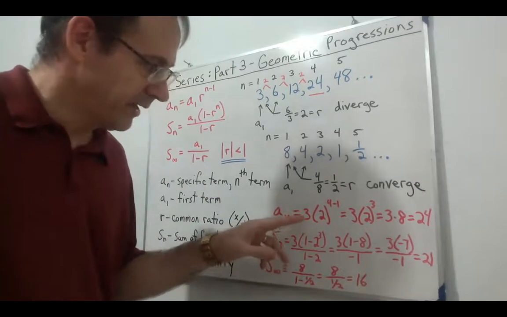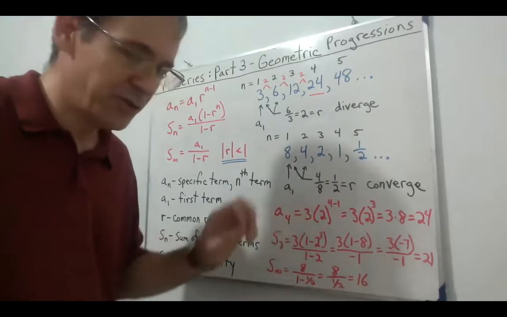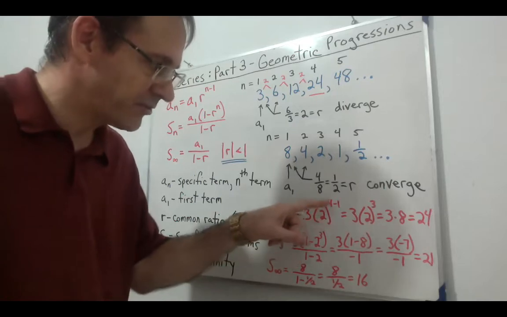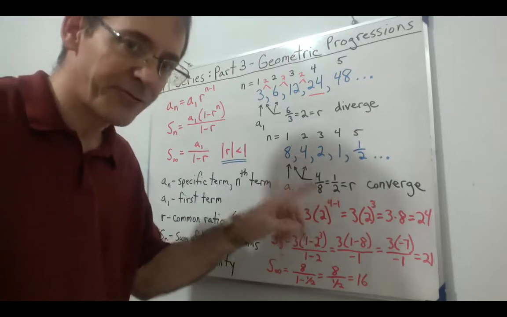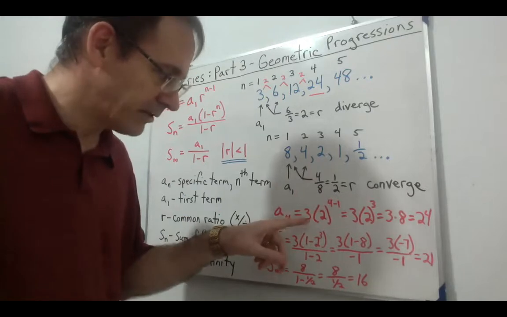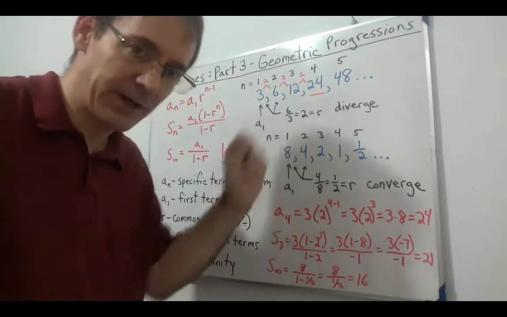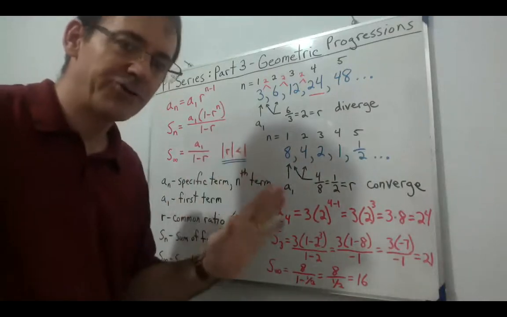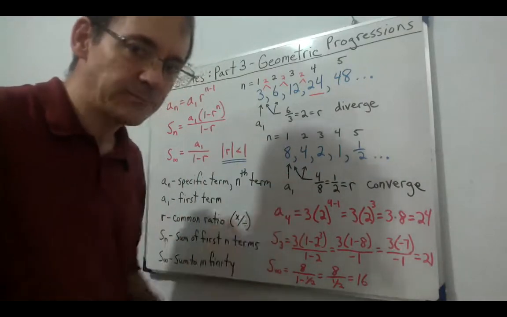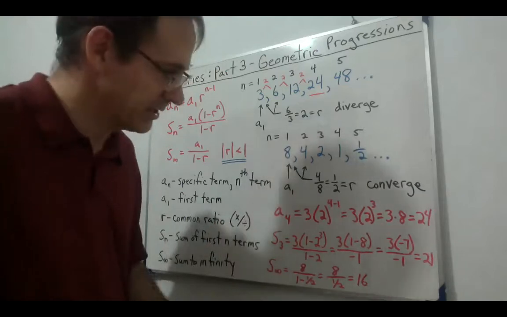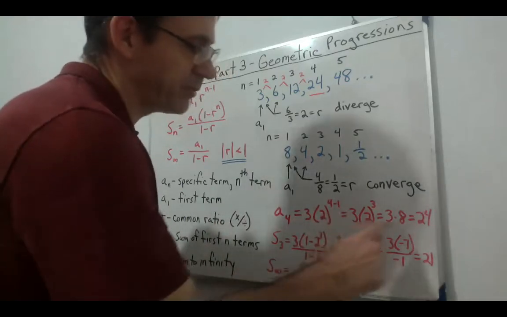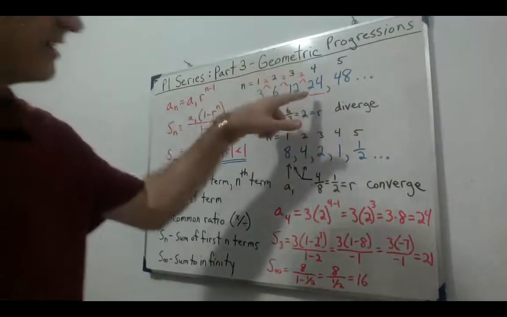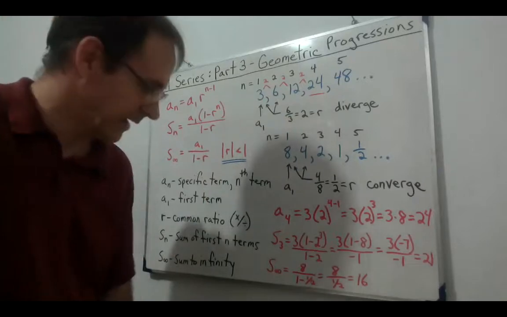That's why I put the 2 in parentheses, so that you recognize that this 2 has to follow the exponent first before you multiply. You cannot go 3 times 2 is 6 and then raise it to the exponent 3. So always in algebra, be mindful of your order of operations. So this is 2 cubed, which becomes 8. 3 times 8 is 24, and you can see that 24 is the correct answer.